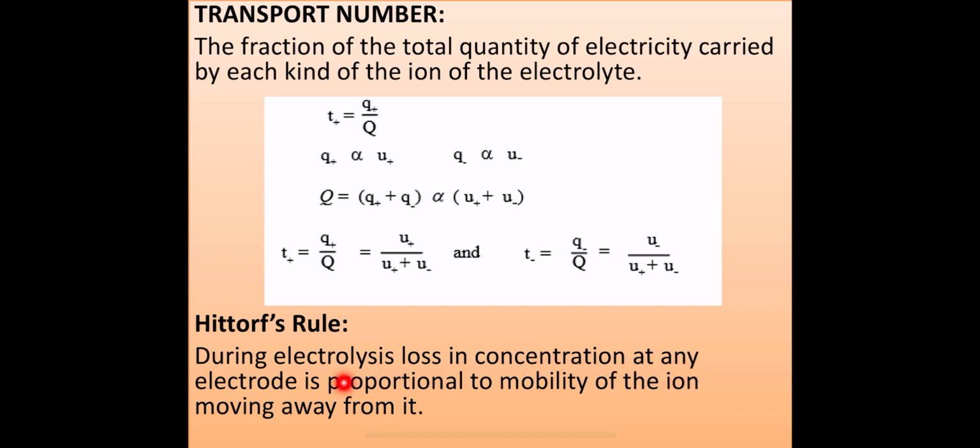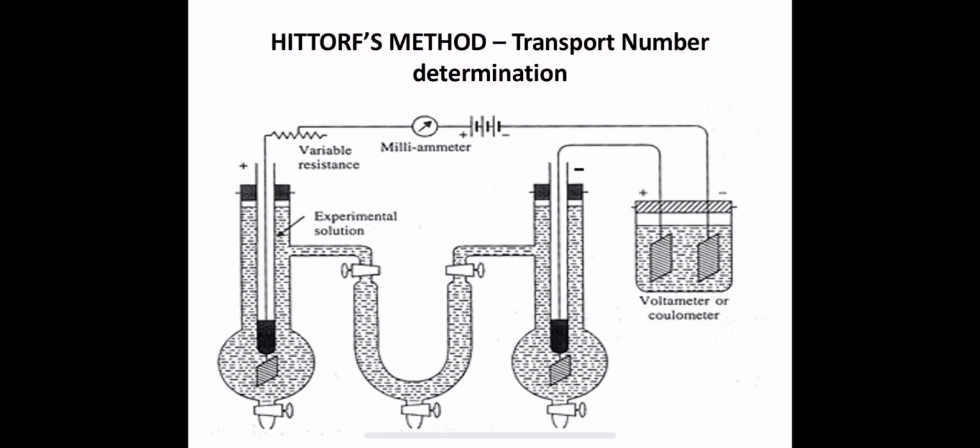The loss in concentration at any electrode is proportional to the mobility, that means how fast the ion is moving. If any cation or anion is moving away from the electrode, then we will observe the loss in concentration. This is what Hittorf's rule explains.